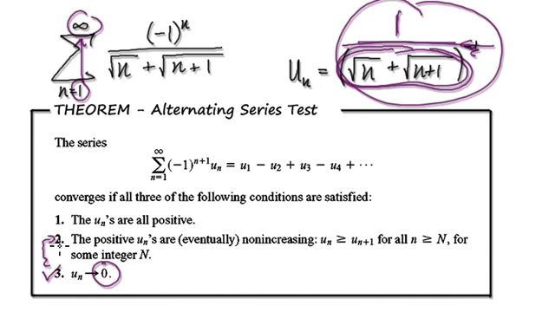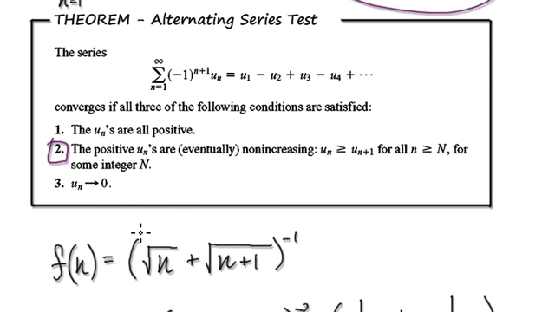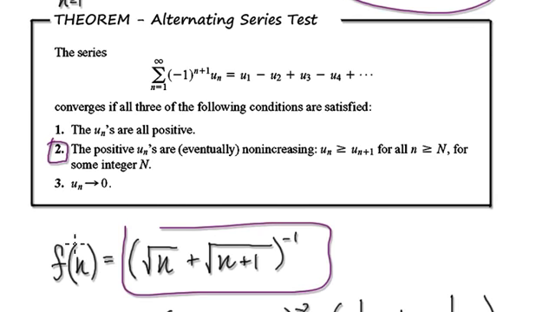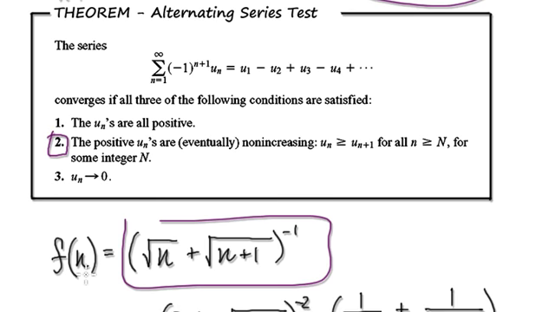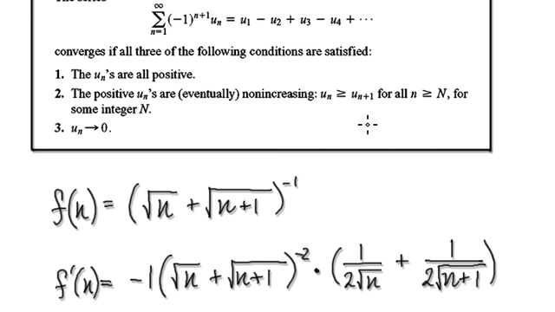Now we need to check number 2. Make sure that it's non-increasing. Looking at our u_n, to check number 2, we would map a continuous function on top of this, then differentiate the function, and look at the gradient. If the gradient's always negative, then the original function will always be going downhill.